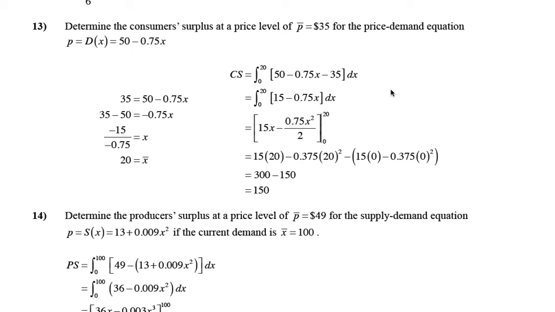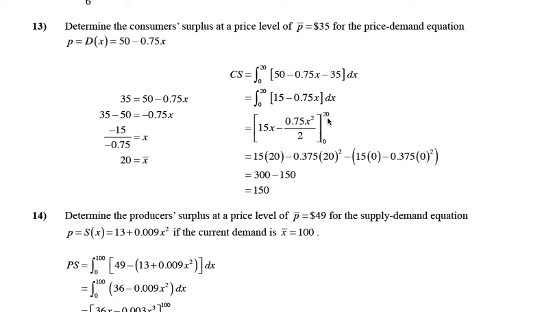The reciprocal of 2 is 1/2, so we multiply 0.75 times 1/2, which gives us 0.75x squared over 2. Well, 0.75 over 2 is 0.375.